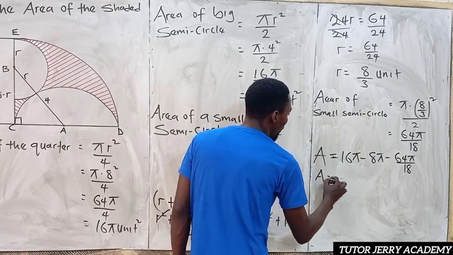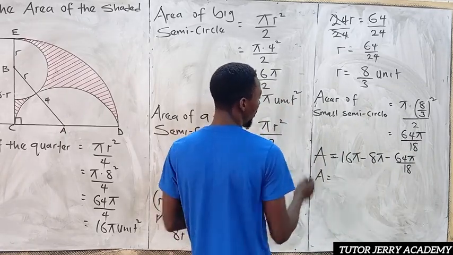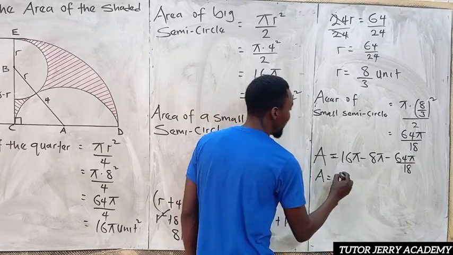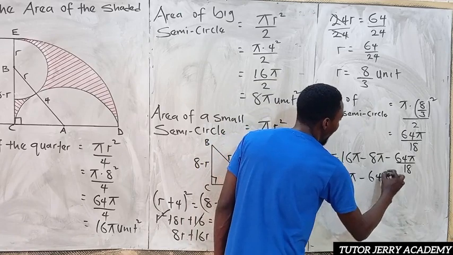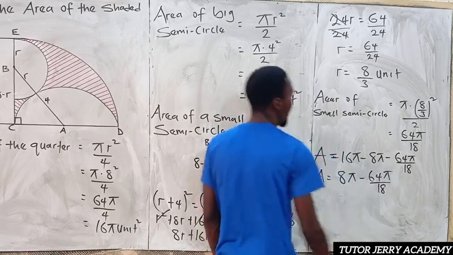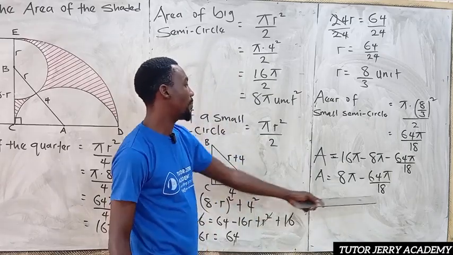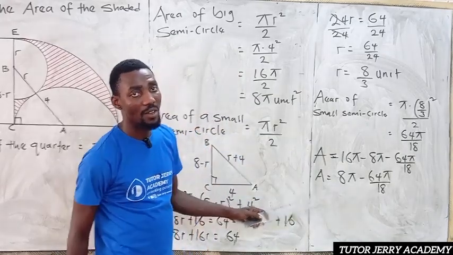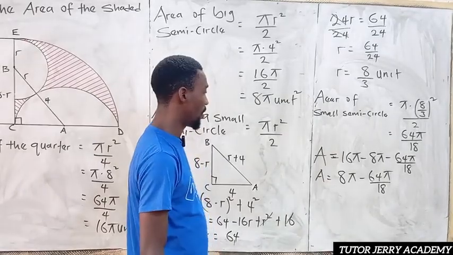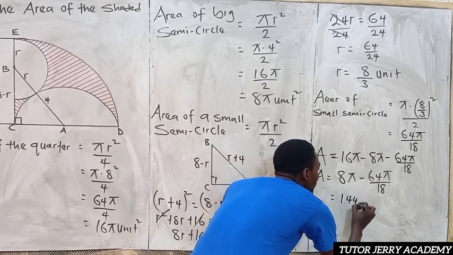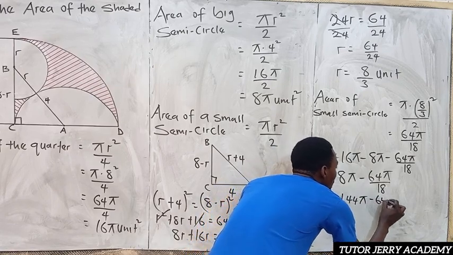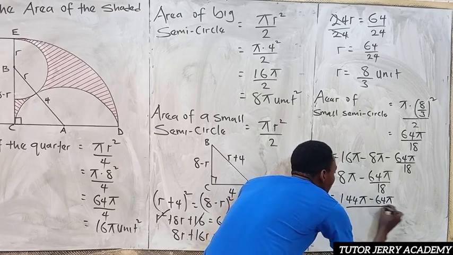So A now, which is the area of the shaded region, 16 pi minus 8 pi, that is what? 8 pi. 8 pi minus 64 pi all over what? 18. All right. So if you multiply 18 by 8, so that is going to be what? 144. So we are going to have 144 pi minus 64 pi all over what? 18.